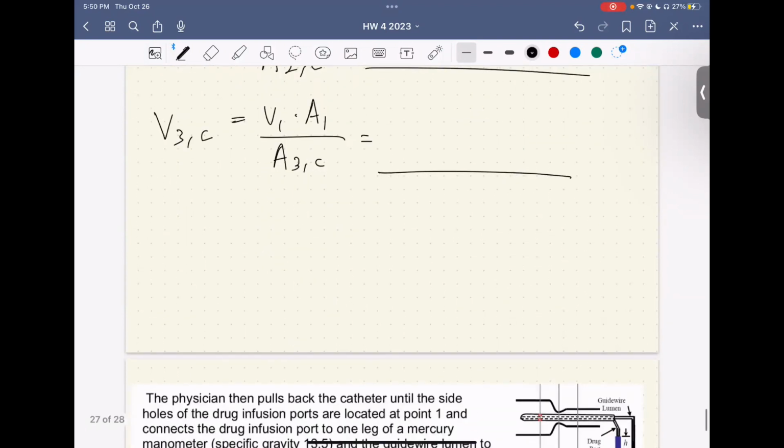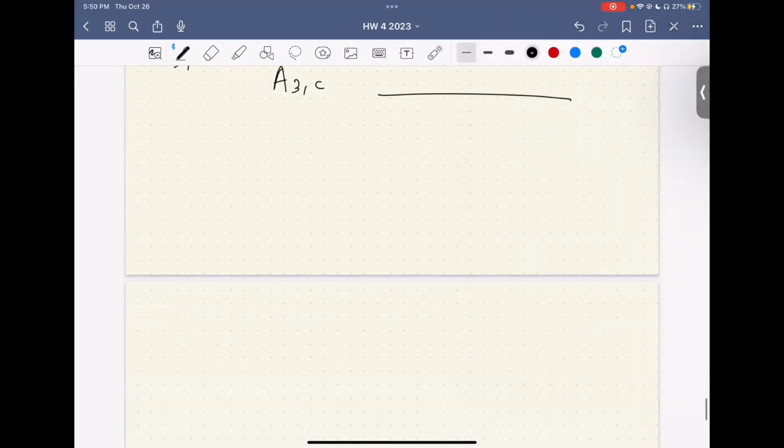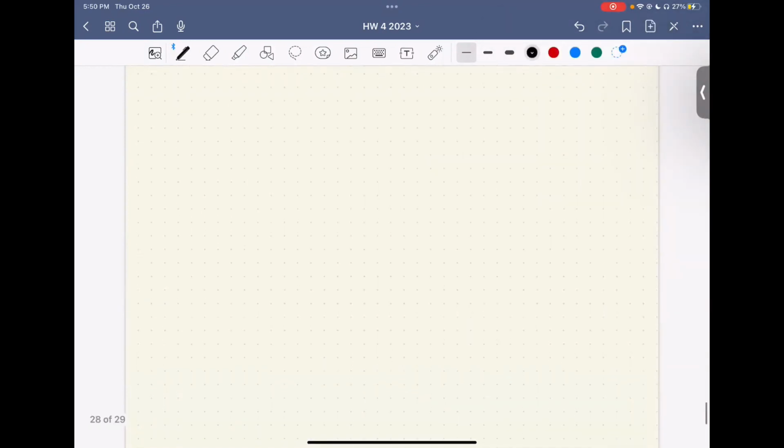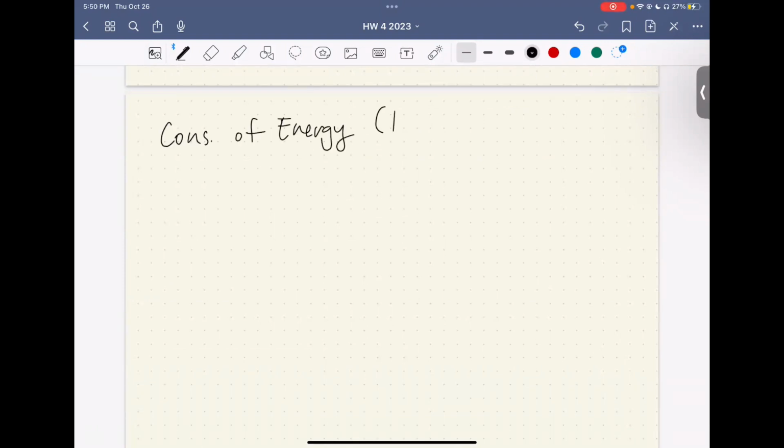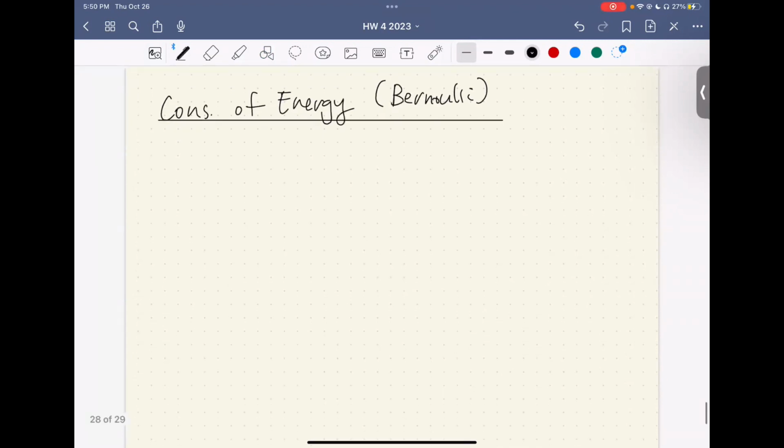Okay, let's keep going. I'm going to add a new page. Then it asks us for the conservation of energy, right? So let's start with that. And then I'm going to write Bernoulli. Great, so once again, let's just write out Bernoulli. We have P in over rho plus V in squared over 2 plus g h in is equal to P out over rho plus V out squared over 2 plus g h out. You should be able to do this in your sleep, hopefully.